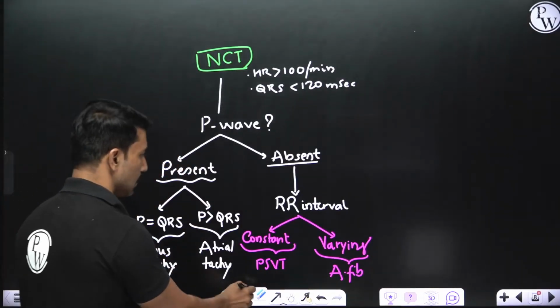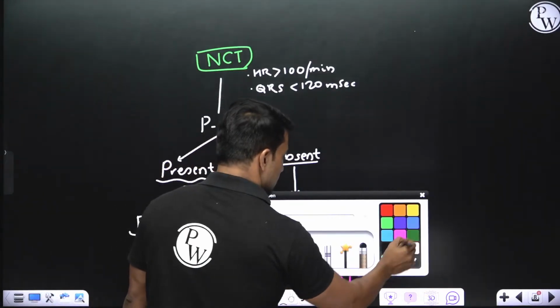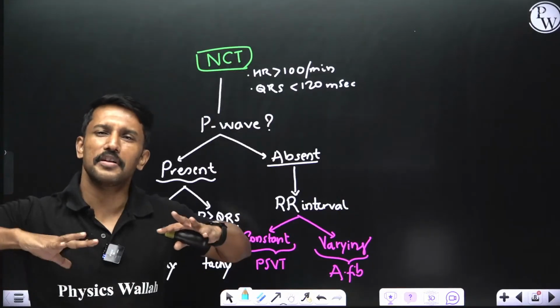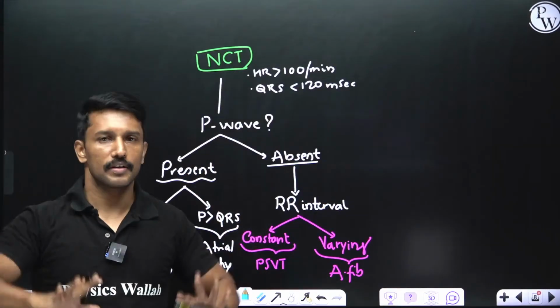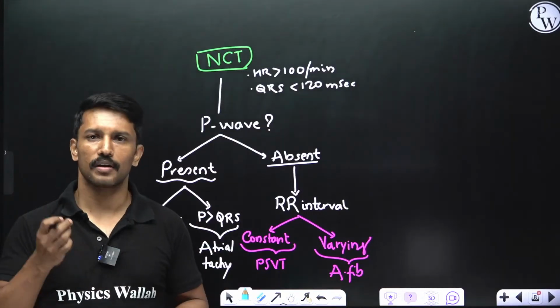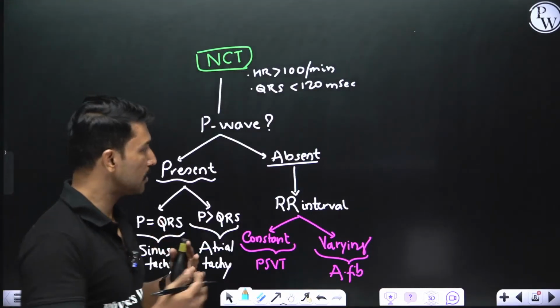Okay, just to give you an example, let us say we are dealing with a patient with atrial tachycardia, where the atrial rate is so high in comparison to the ventricular rate. Let us say the atrial rate is 200, ventricular rate is 50. So then what will be the P by QRS ratio?